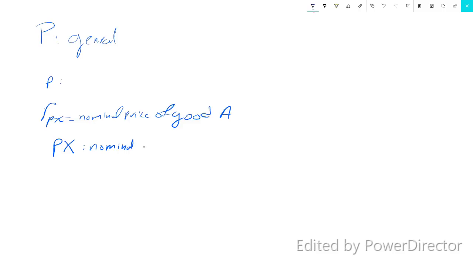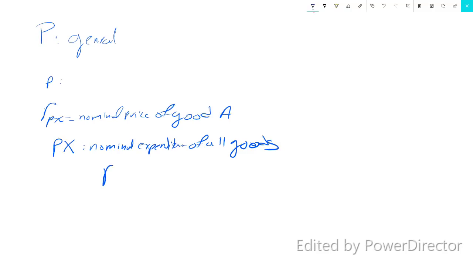And the small p represents the price only of good A. We said that small p times small x represents the nominal expenditure of good A. And what we said as well is that big P times big X is going to be what? The nominal expenditure of all goods, right?